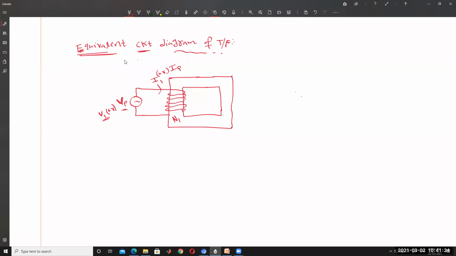On the secondary side, this is the secondary side winding. This is the general representation of the transformer. This is called the load impedance ZL.